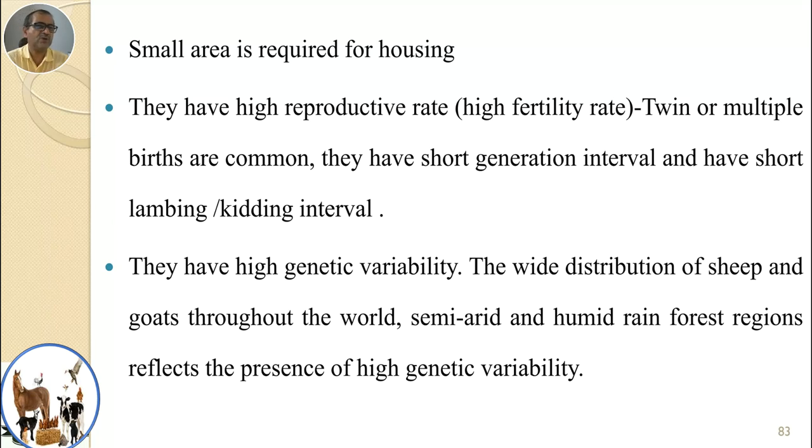Everywhere sheep and goats are there, and every country, including India, has its own breed. They can sustain in semi-arid and humid rainforest regions, which also reflects the presence of high genetic variability. Multiple breeds are present, wool breeds and meat breeds. Everything is present in this small creature.